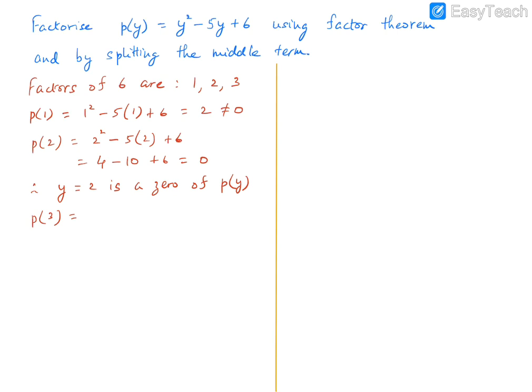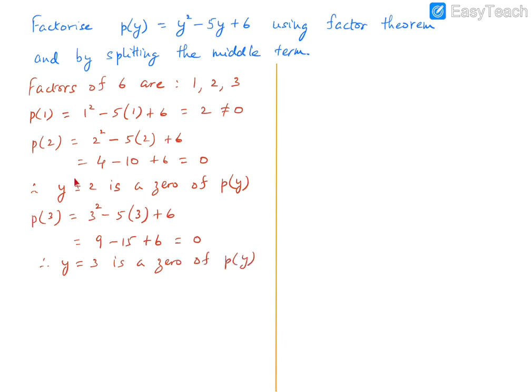Now if we evaluate p of 3, in place of y we put 3, so 3 square minus 5 into 3 plus 6. 3 square is 9, minus 15 plus 6, so 9 plus 6 is 15, and 15 minus 15 is 0. So y equals 3 is a zero of p of y.